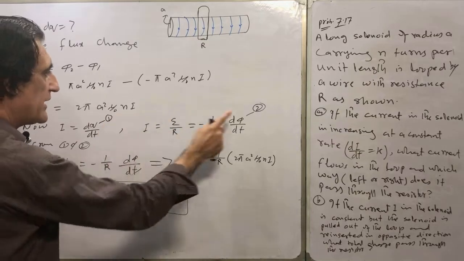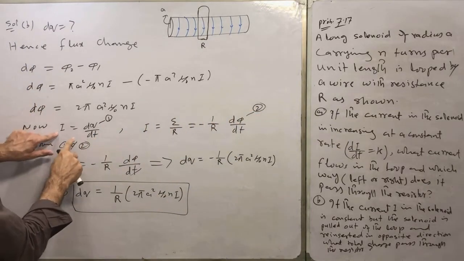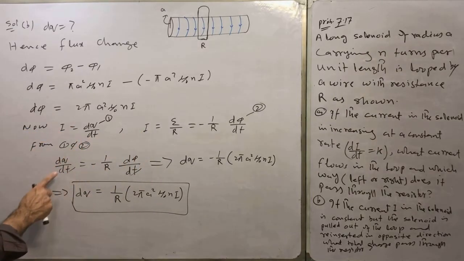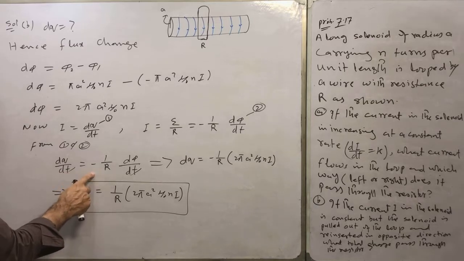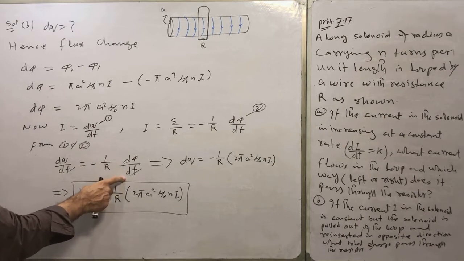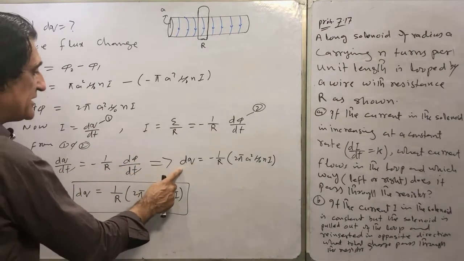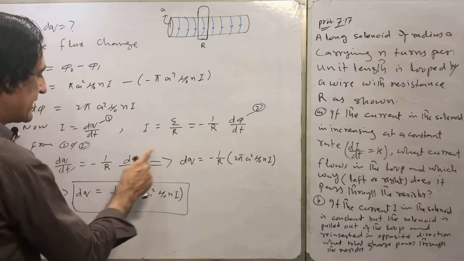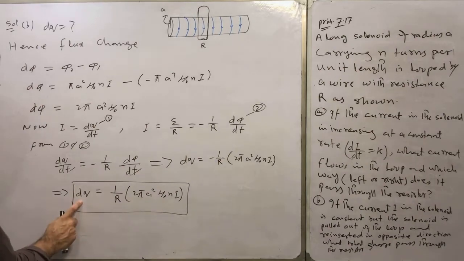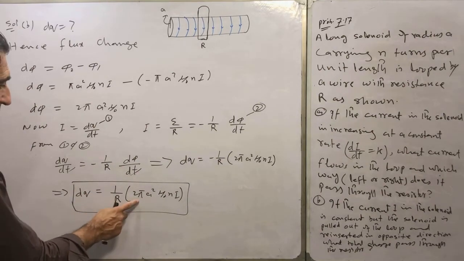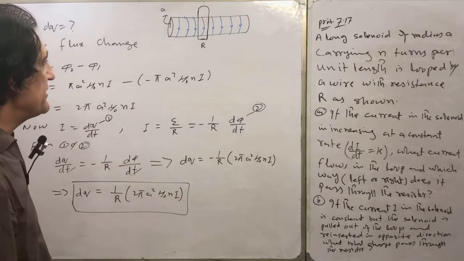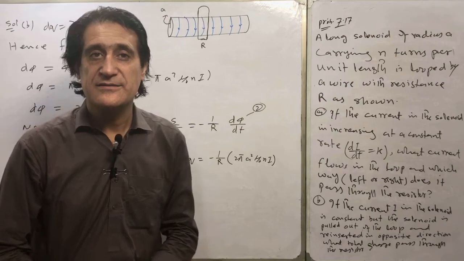If we compare these two equations, because this is I and this is I, then dq divided by dt is equal to minus 1 over R d phi divided by dt, dt will cancel with dt, and then dq is equal to minus 1 over R times d phi. We have already calculated d phi, and putting the value, dq is equal to 1 over R, 2 pi a square mu naught n I. So this is the total charge passed through this resistor.